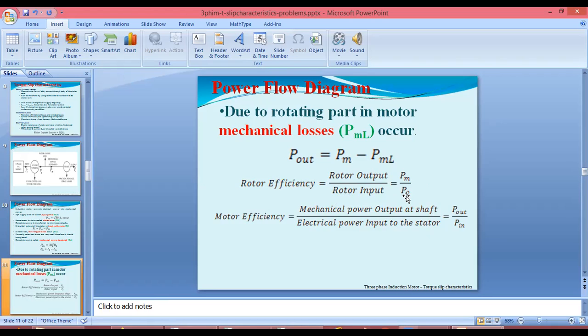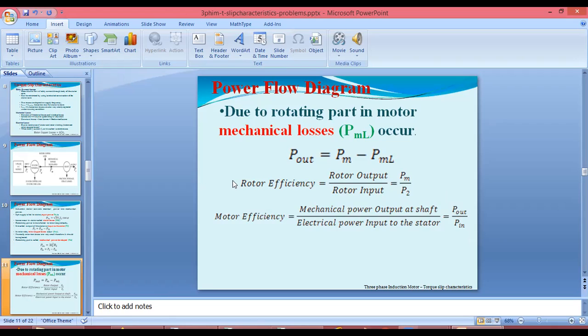So for the motor efficiency, the output will be the mechanical output power that we get at the shaft. That will include the rotor as well as the stator. And the input we are giving to the stator. So here, instead of P2, we are supposed to take Pin. These equations will be needed to solve numericals.